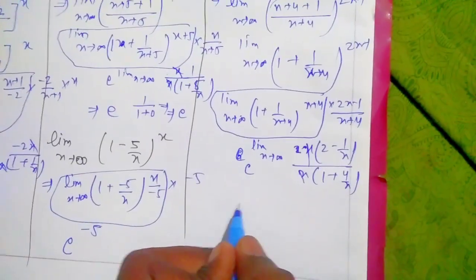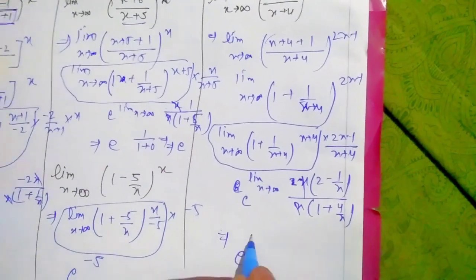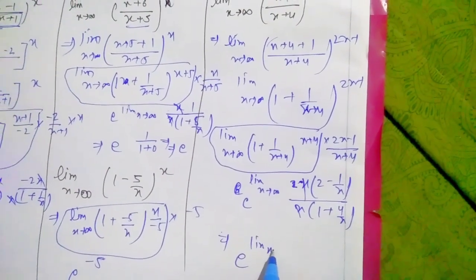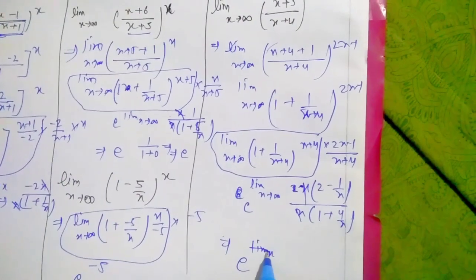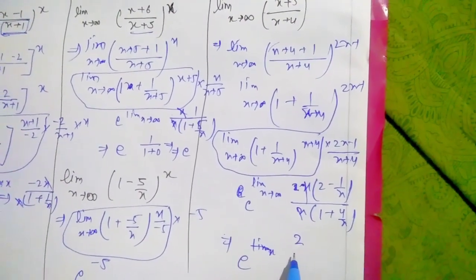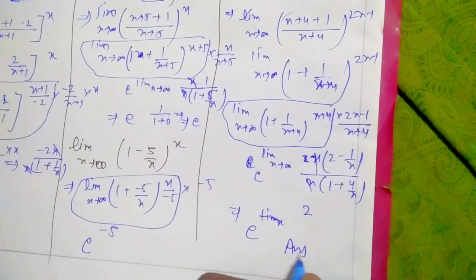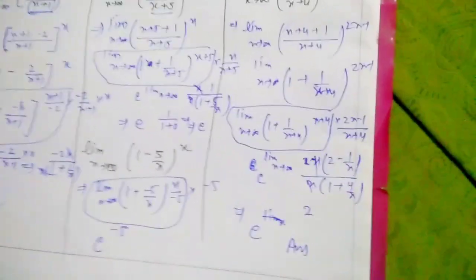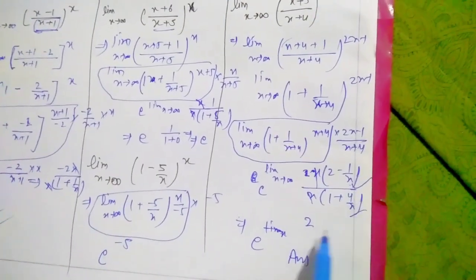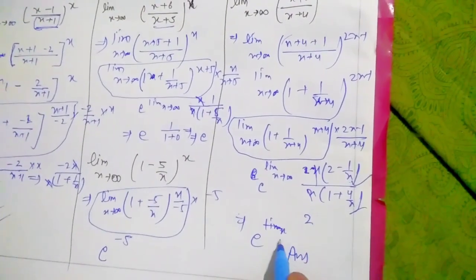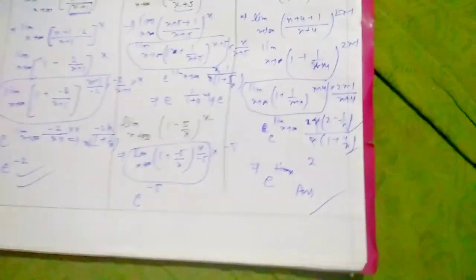X gonna cancel, so it gives us e to the power limit x tends to infinity, e to the power 2. That is our answer. When we put up the infinity, it's gonna be 0, it's gonna be again 0, so we get the value of e to the power 2. So this is your answer.